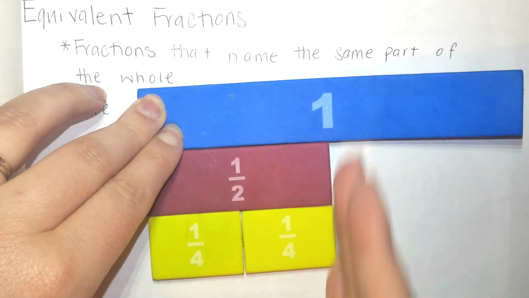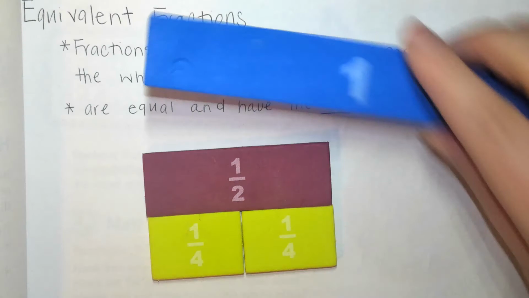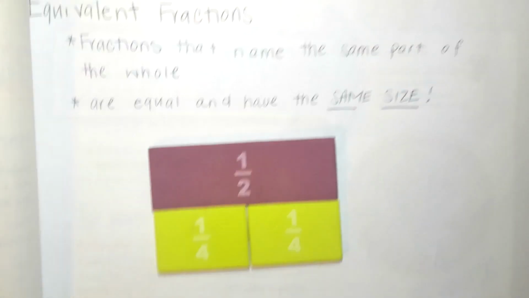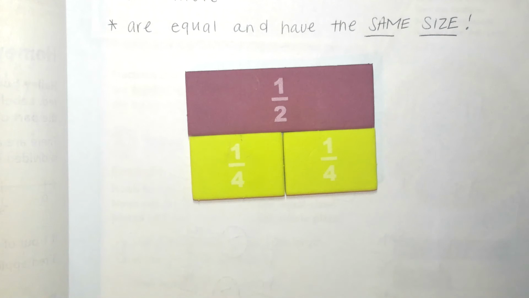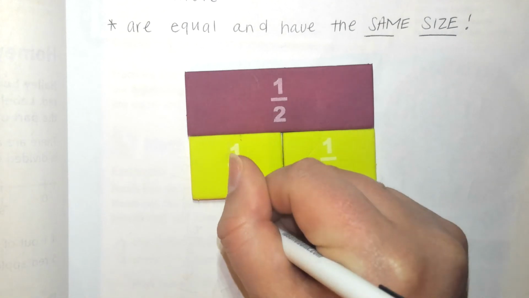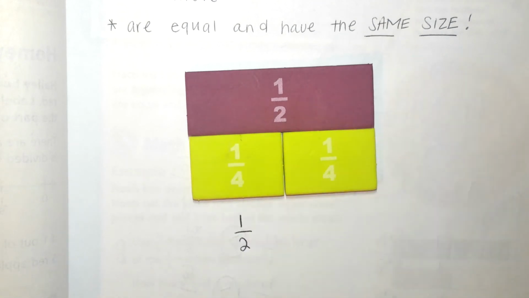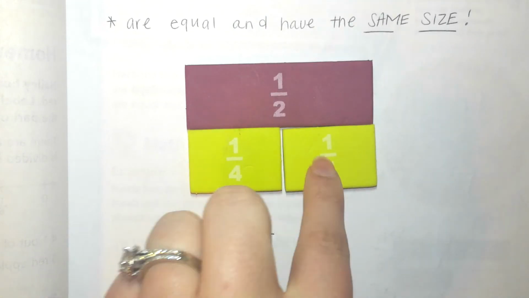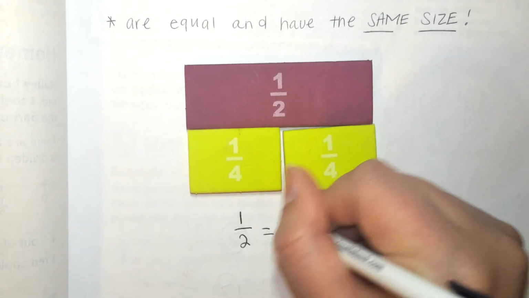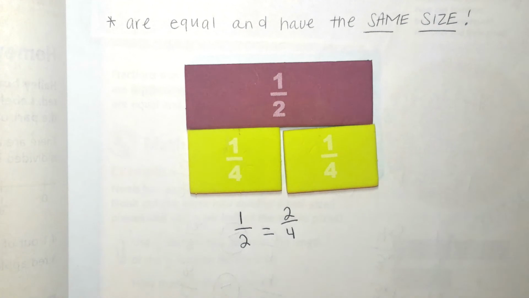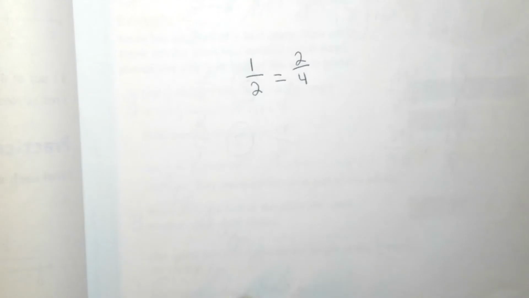They're the same amount. Okay, so in this case, I'm going to write the fractions here: 1/2 is equivalent to 2/4. If I were to keep moving, I could pick some other fraction tiles to show that they are equivalent.